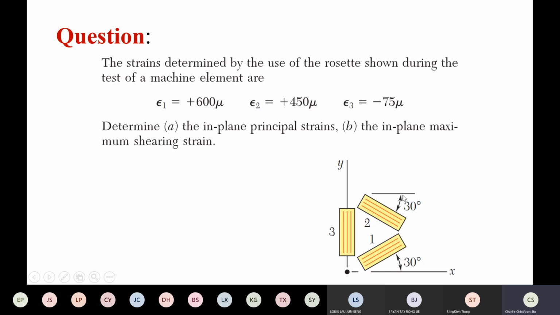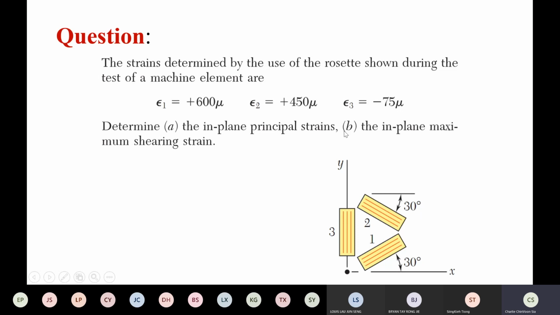From the horizontal to this strain gauge is 30 degrees clockwise, so theta will be negative 30. Or you can rearrange it to 150, up to you.